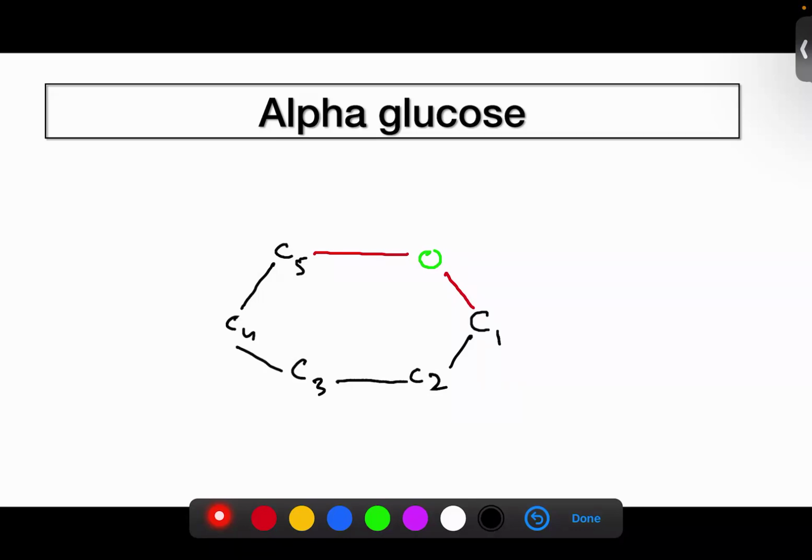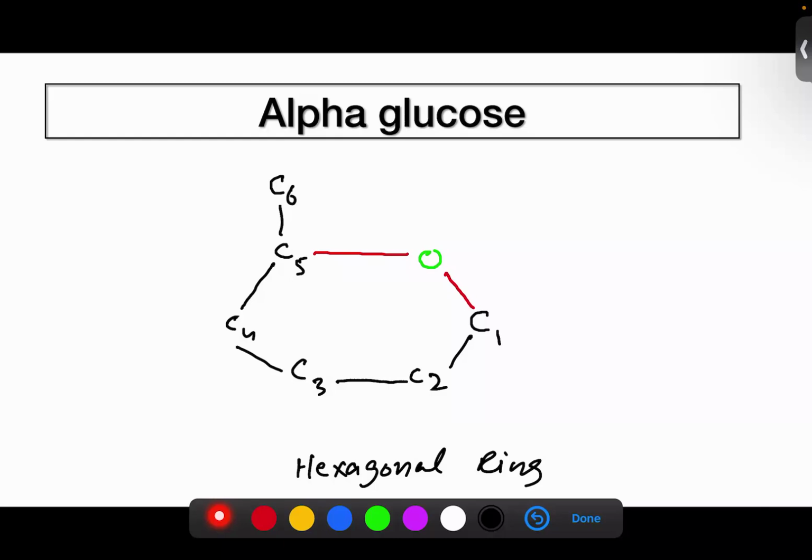So this is a hexagonal ring. Do you see there are 5 carbon which make a part of the ring? The 6th carbon, as glucose has 6 carbon, is out of the ring.